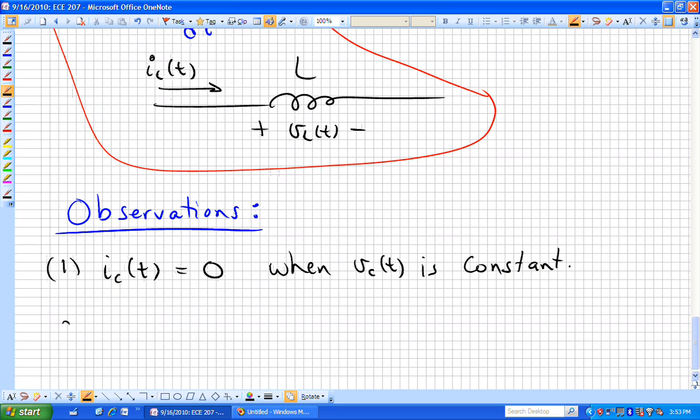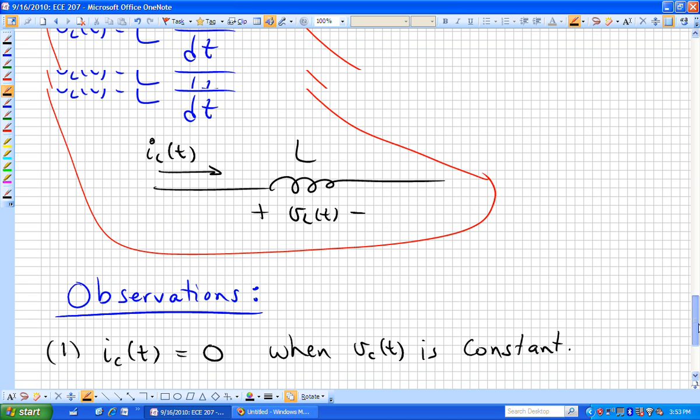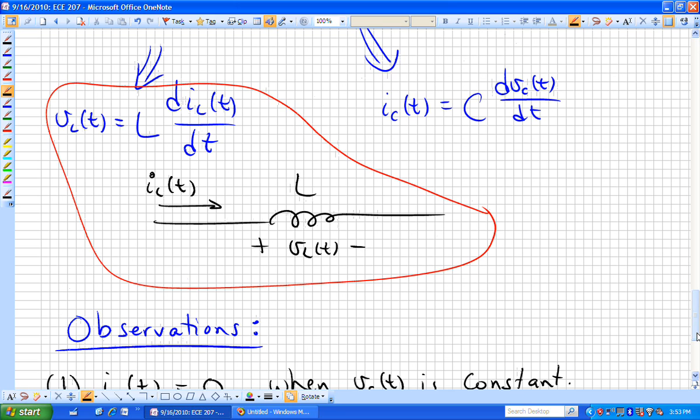What else can you observe? Well, if you look at that equation, you can also convince yourself that V can't change instantaneously, because I would have garbage on the left-hand side. If I tried to differentiate something that was changing instantaneously, it just doesn't make sense.